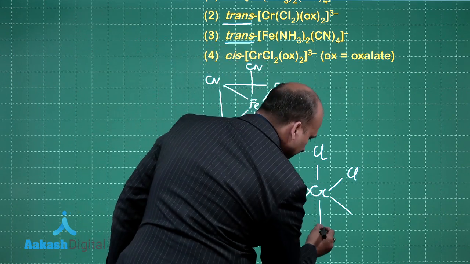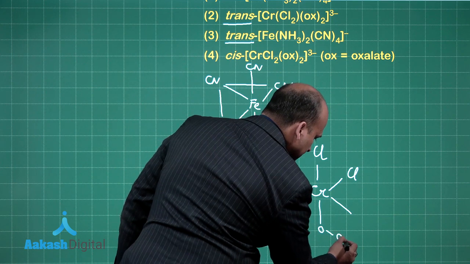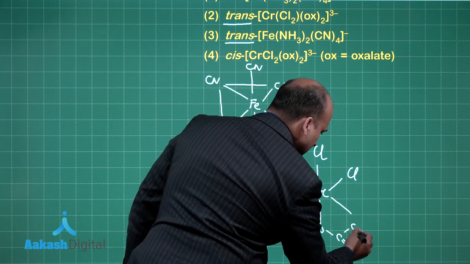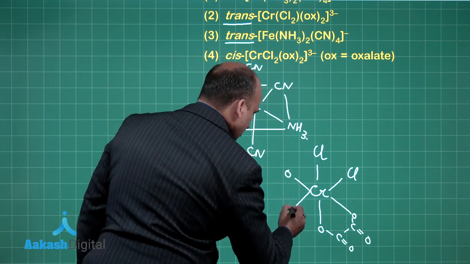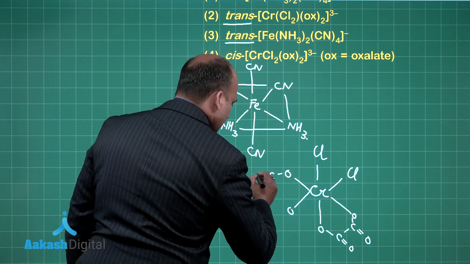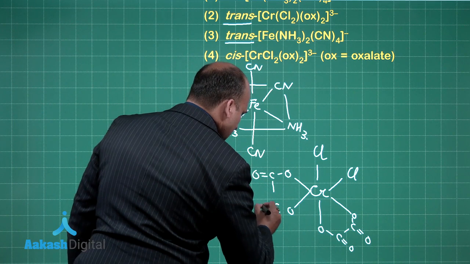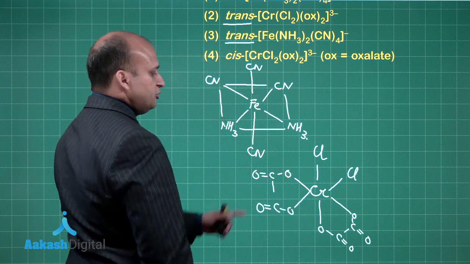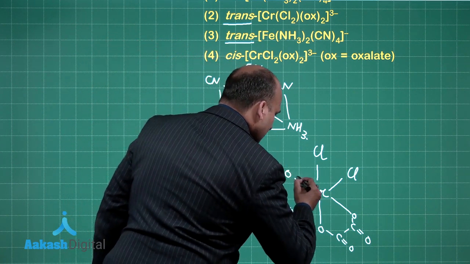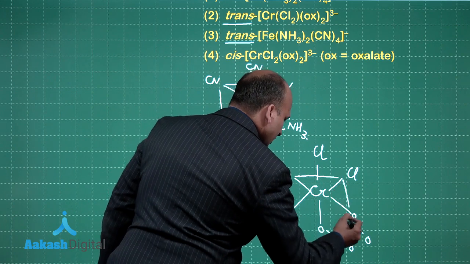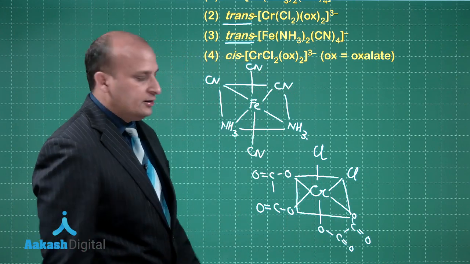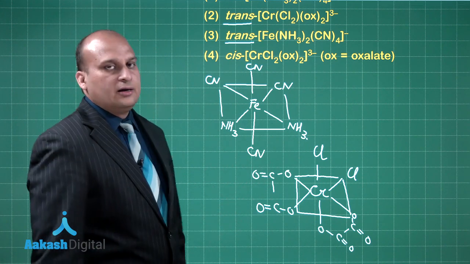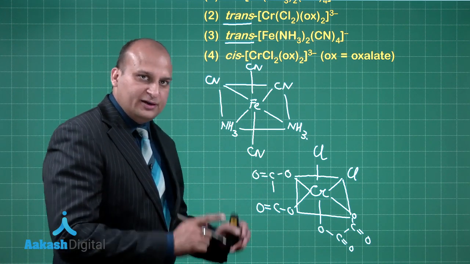See, oxalate ion works like this: O here, O here. So, as you can see in this particular molecule, you are not observing any plane of symmetry. So, that is why this is the correct answer, that it will show optical activity.